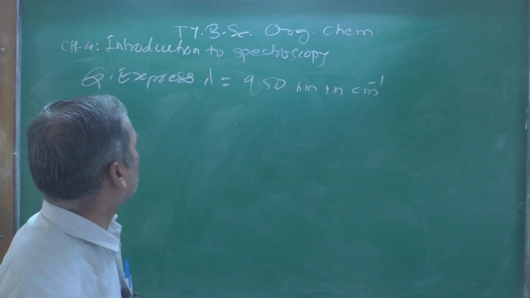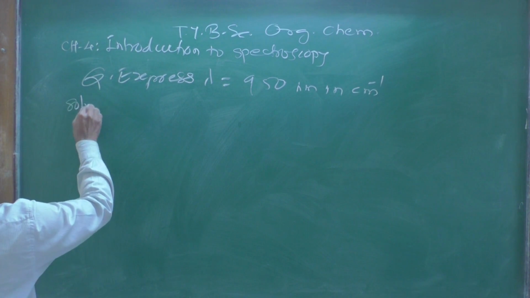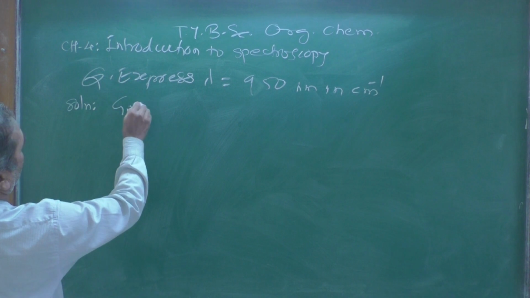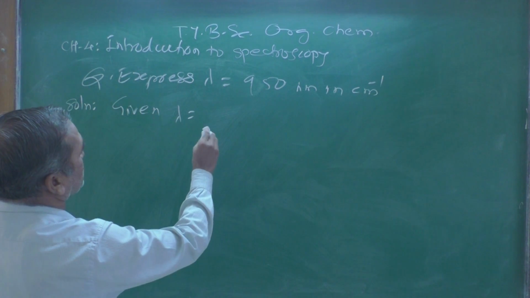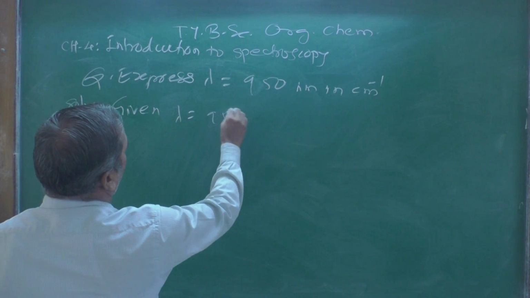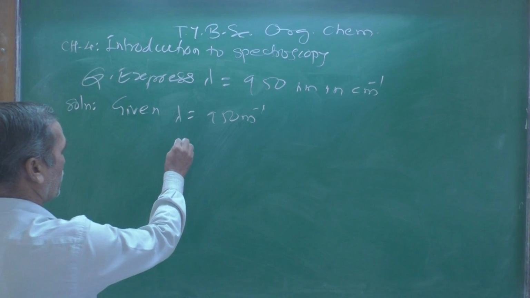What are the given things here? While solving that problem, the solution: lambda, which means wavelength, is given as 915 nanometer.